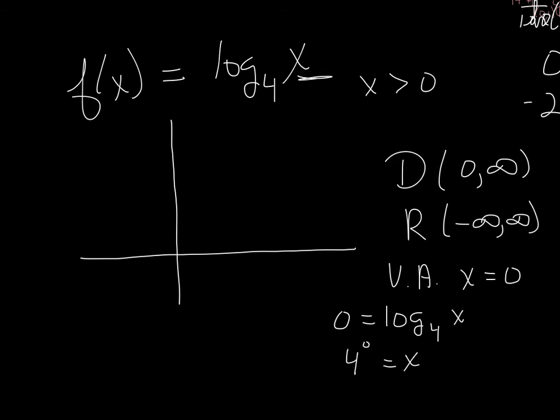What's anything to the 0 power? 1. All right. So we know that this is going to look like this. But we've also named the domain, the range, vertical asymptote, and the x-intercept. You're going to do some graphing, and that's what you'll be asked to do. So let's look at some that have a shift.